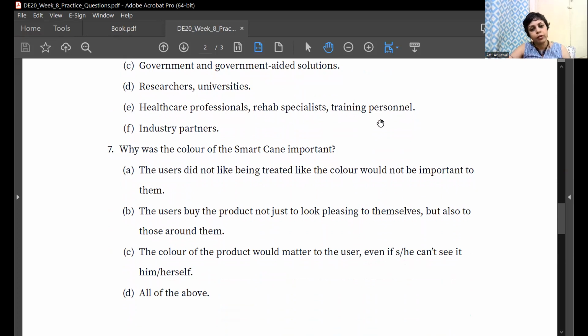Then there is the training personnel. Some products will probably require training for the users before they can actually start using it. Even in this case, the smart cane requires 1 to 2 hours of training before users can start using it entirely on their own. So that training personnel also needs to be involved, because they would know what questions users will ask, or how to explain the features of the product to a user in a limited amount of time.